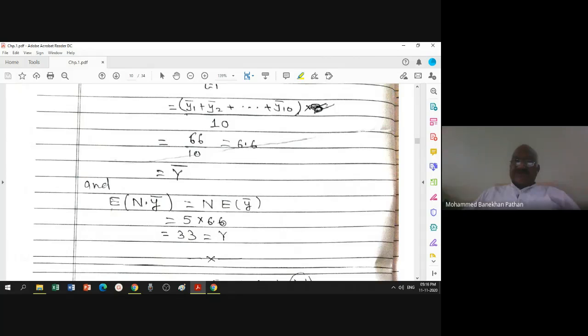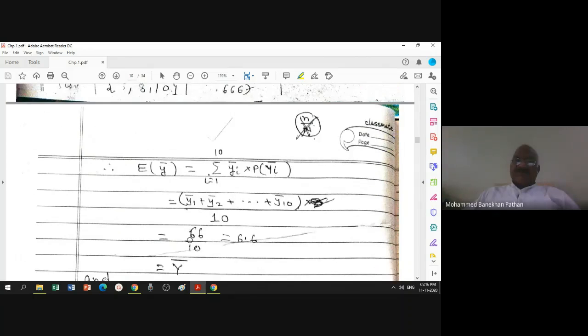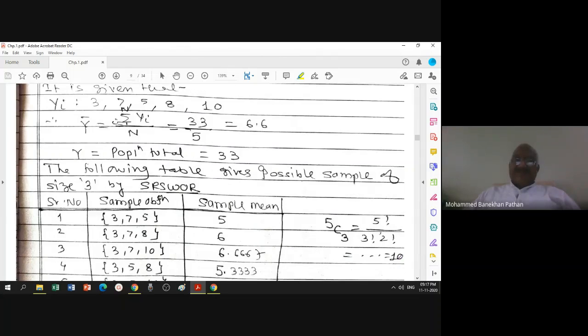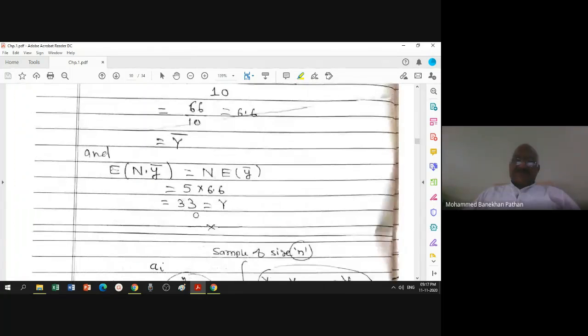So 6.6 multiplied by 5 is 33, and 33 is nothing but the total of the population values. So it is a very simple example which proves the result that the sample mean is an unbiased estimator of the population mean, and capital N multiplied by the sample mean is an unbiased estimator of the population total.